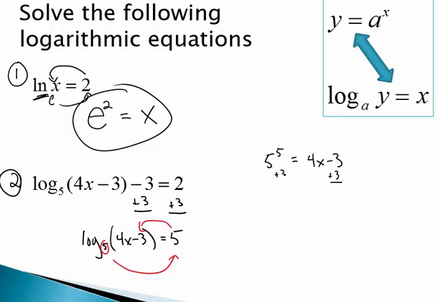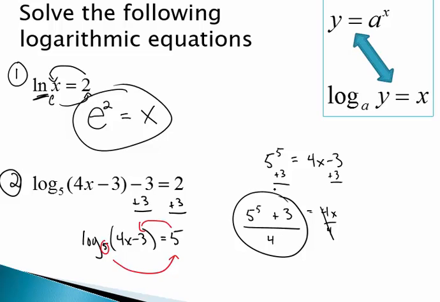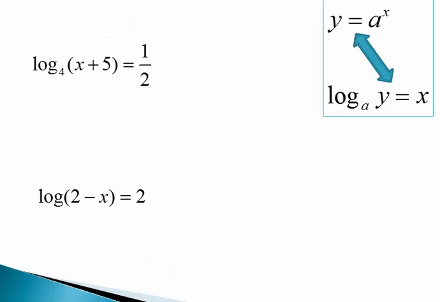Plus 3, plus 3: 5 to the 5th plus 3 equals 4x, and then of course divide by 4. And there's my solution for x. Again, I could figure out what 5 to the 5th is, add 3, divide by 4 to get the decimal value, but I'll leave that one. At some point I'll give you some decimal values, soon. All right, so keep going.